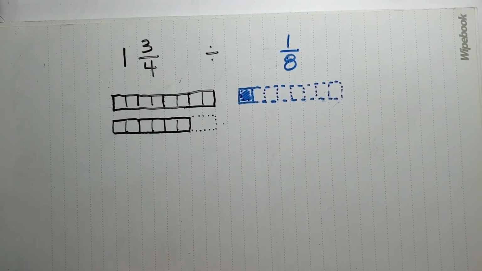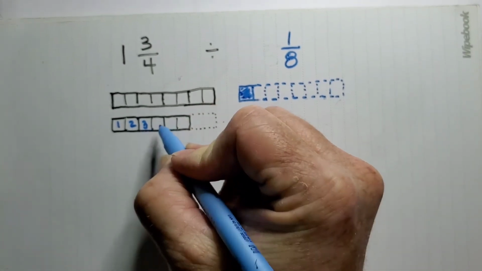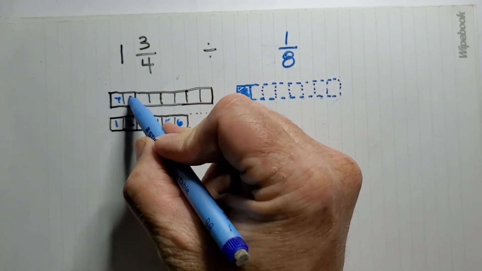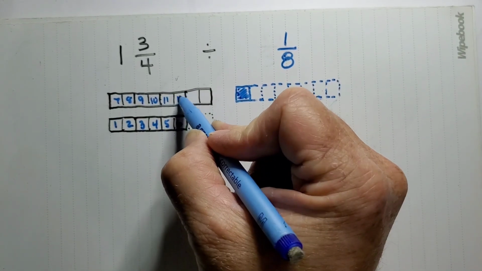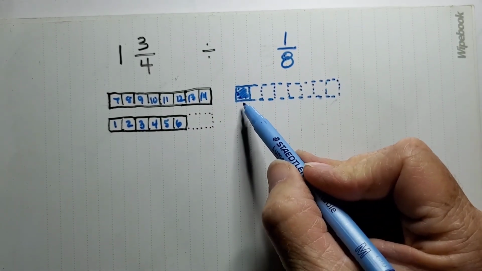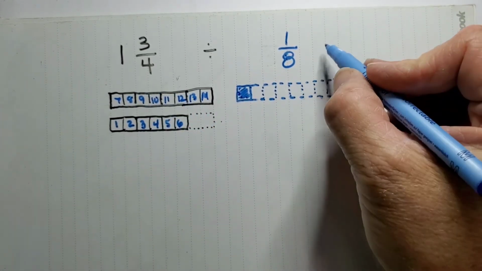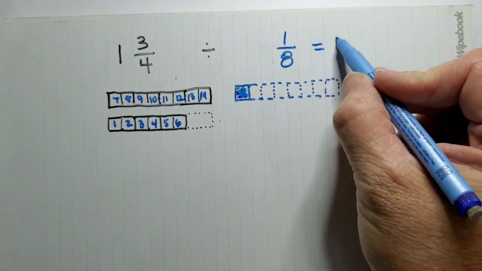So we can see inside we have 1, 2, 3, 4, 5, 6, 7, 8, 9, 10, 11, 12, 13, 14 of these 1/8 size pieces inside of 1 3/4. So 1 3/4 divided by 1/8 is just 14.